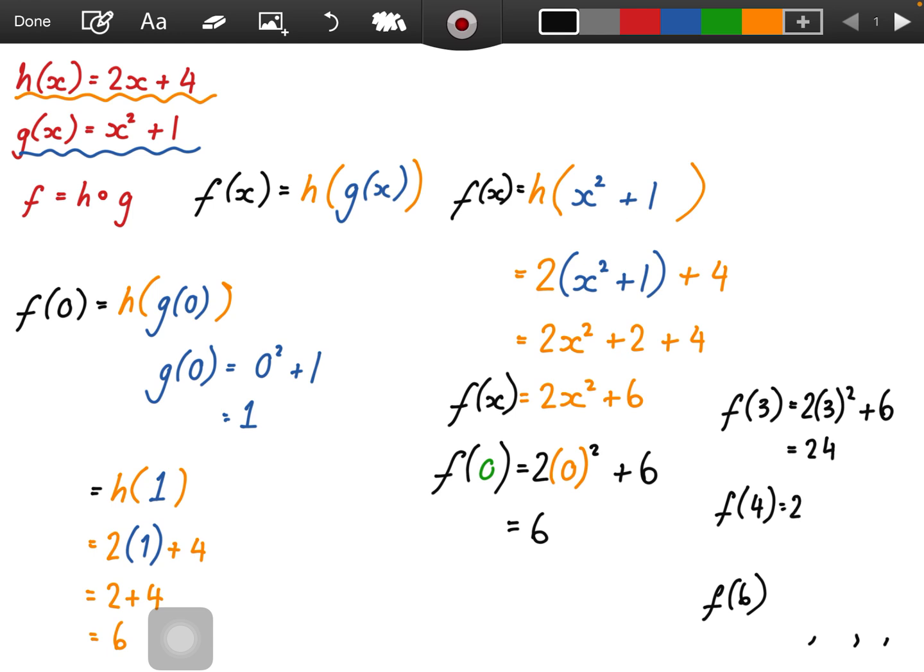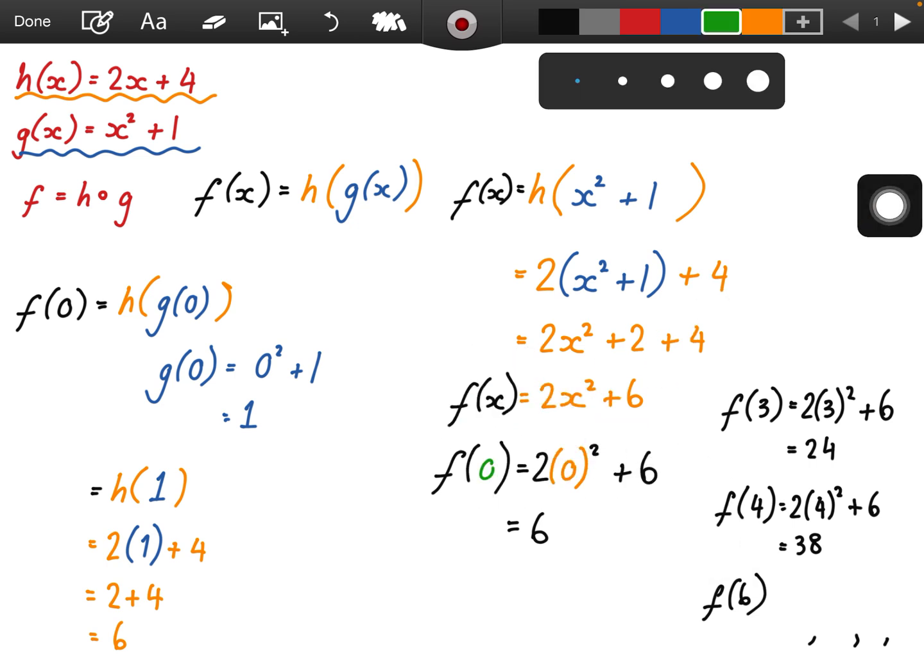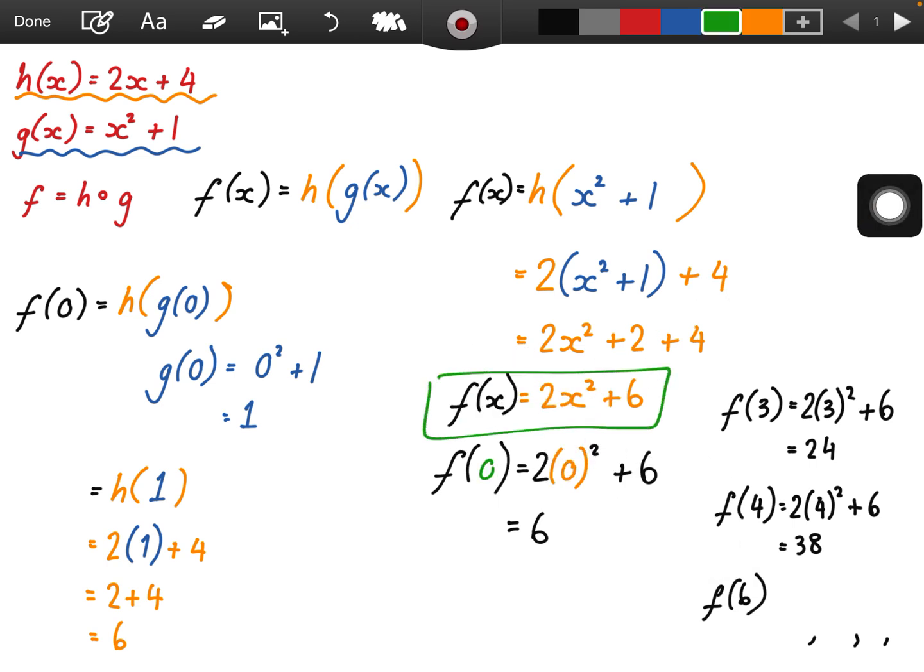Here 2 times 4 squared plus 6, so that is 38. I'm going to be able to fly through these much quicker because I now have this function f that I can apply. So there are two ways to think about this, but they are both going to give you the exact same answer every time.